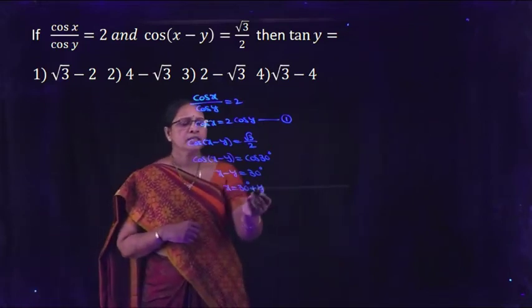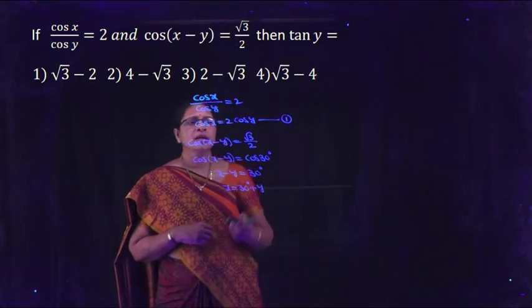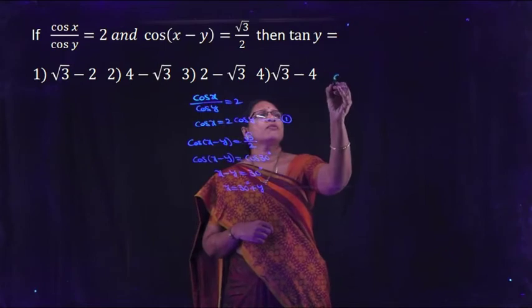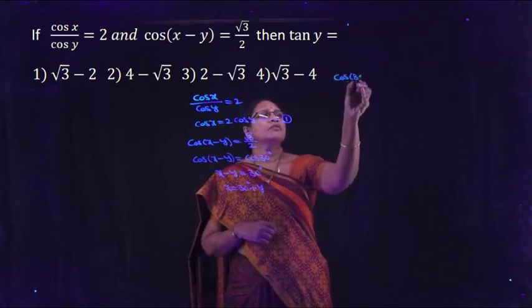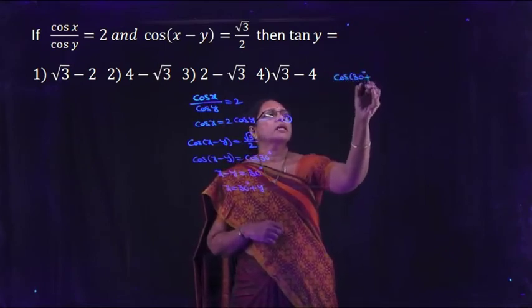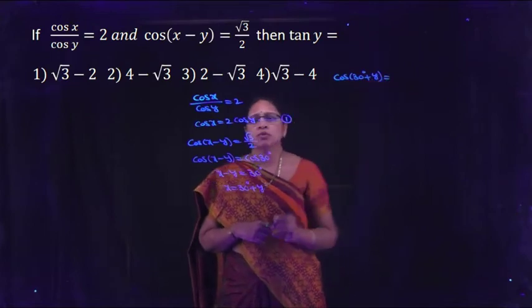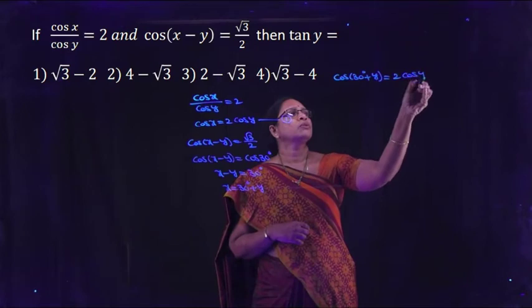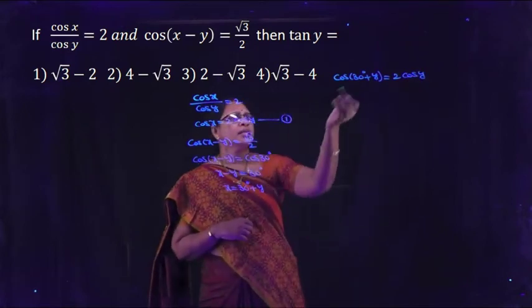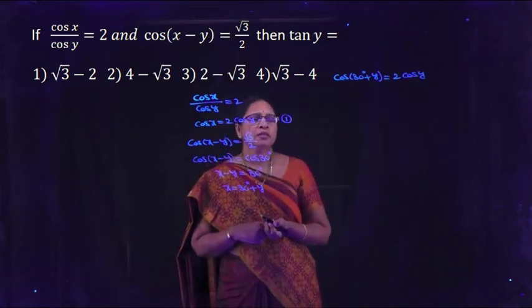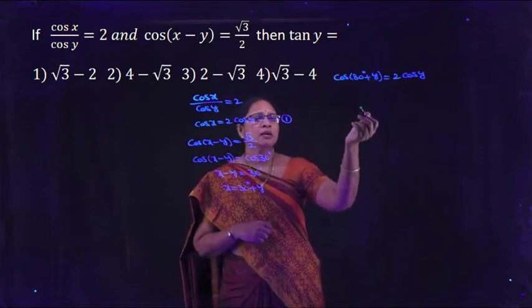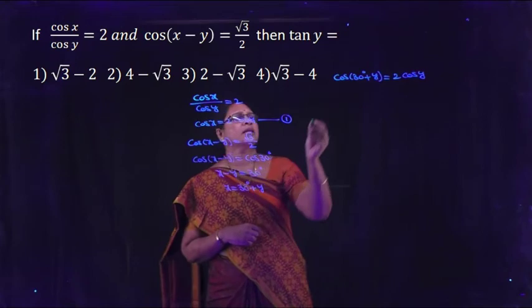Substituting x is equal to 30 plus y in equation 1 we get cos of (30 degrees plus y) is equal to 2 cos y. Here it is in the form cos of (a plus b). We know that cos of (a plus b) is cos a cos b minus sin a sin b.